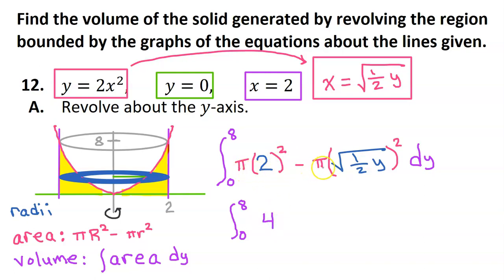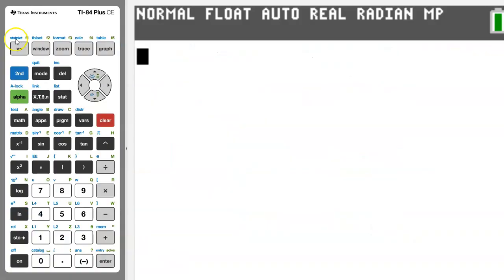I see that both terms have a pi in it, so it might be easier if I take the pi and put that out front. So I have the 4, and then I have a square root that's being squared. So the radical and the 2 will cancel each other out, and I will just be left with the 1/2 y and then dy. So this is easier to type in.